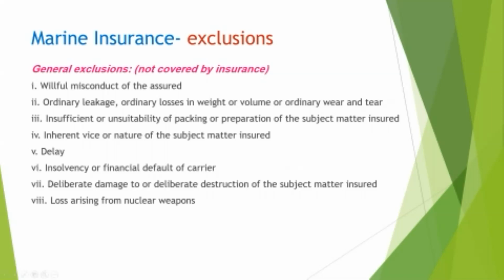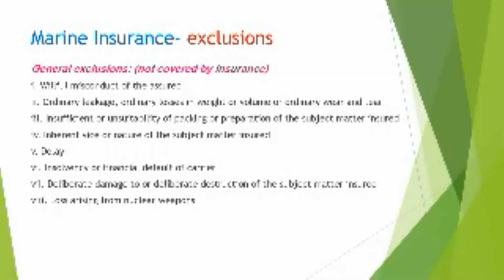So let's also check some exclusions of marine insurance. In which sort of cases is the loss not covered by the insurance? For example, willful misconduct of the shipper, or any problem that we are sure was caused by a certain person, so it is not part of the insurance.